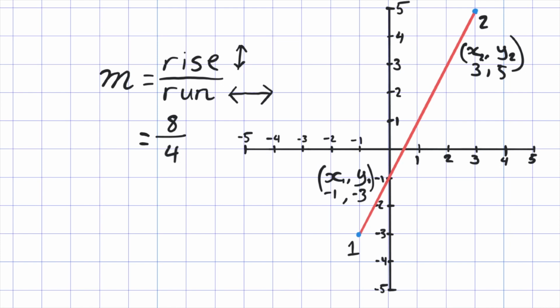And we can actually simplify this down. So this simplifies down to 2 over 1, which we know that any number over 1 is a whole number. So we have a gradient of 2.